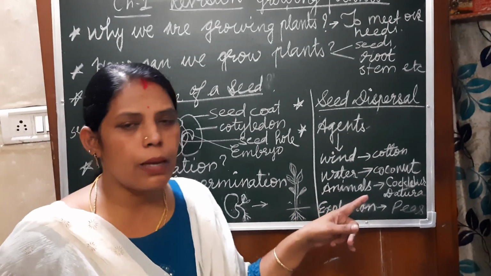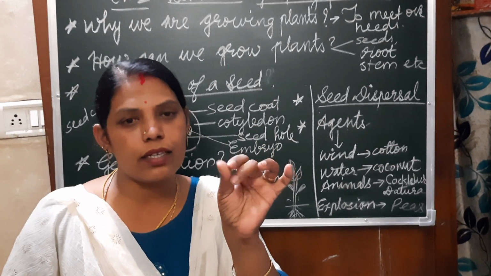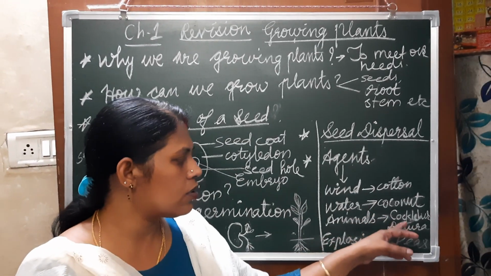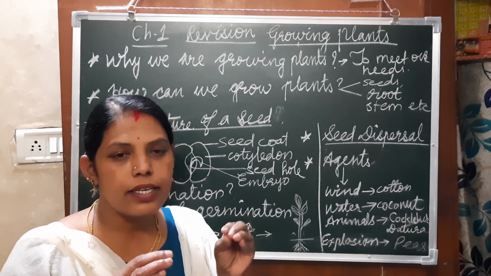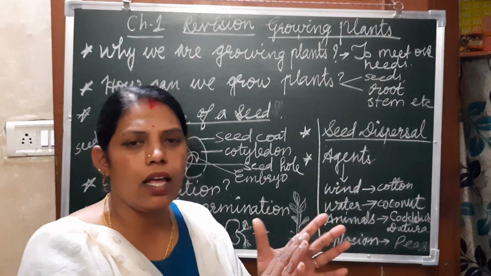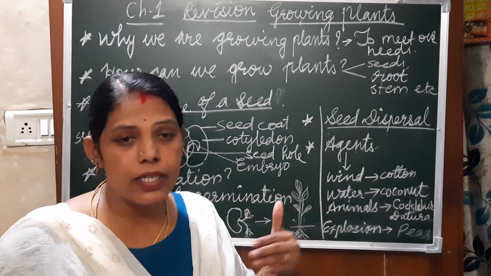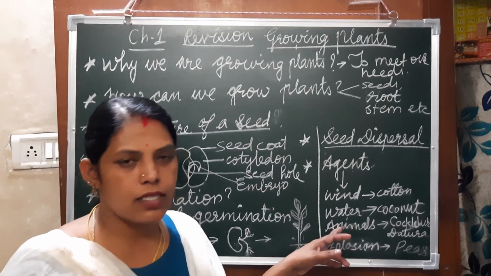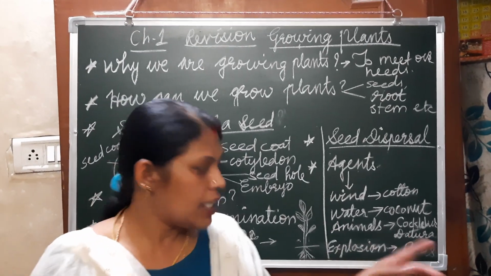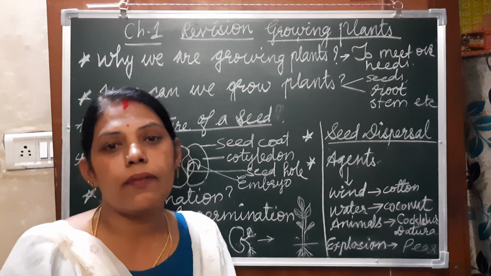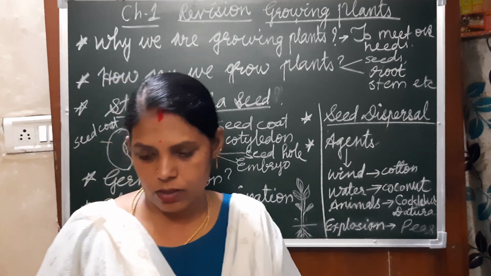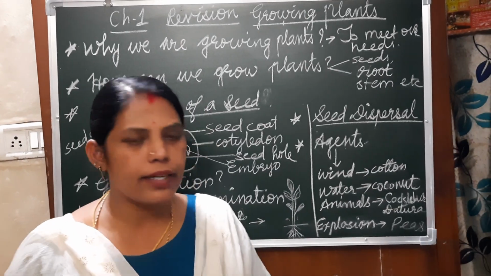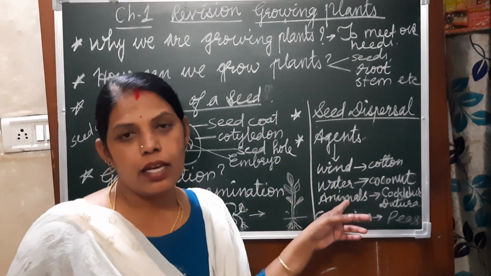At that time, some plants have thorns and hair-like structures, such as the cocklebur or datura. These stick on the body of the animals. Even we sometimes walk through such places, and some seeds stick on our clothes too. Then when we reach our home, we pick them up and throw them away, right? In this way also, animals are spreading seeds.